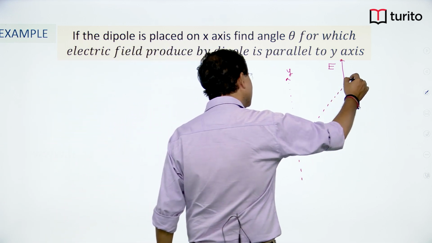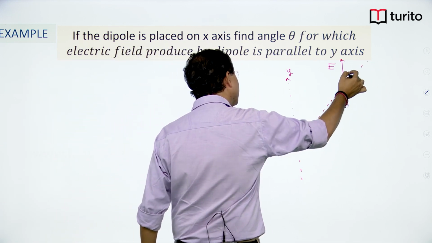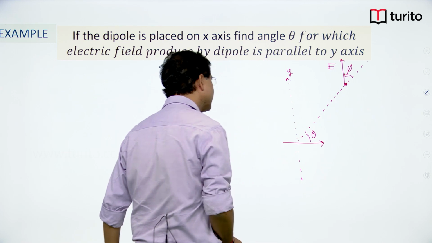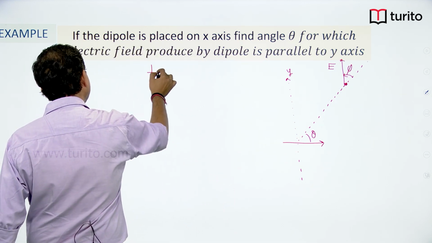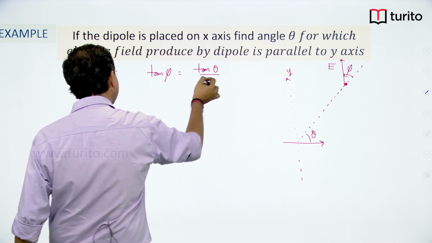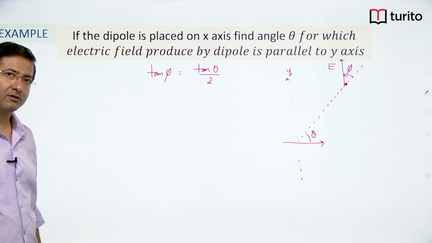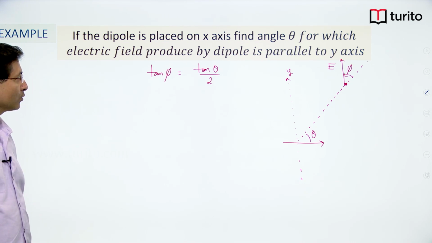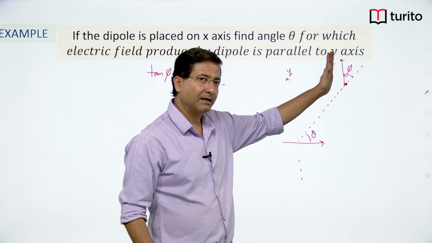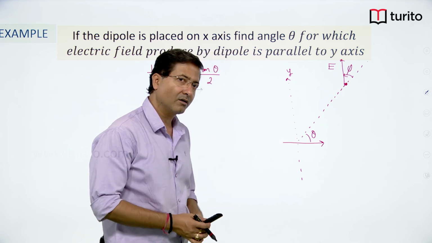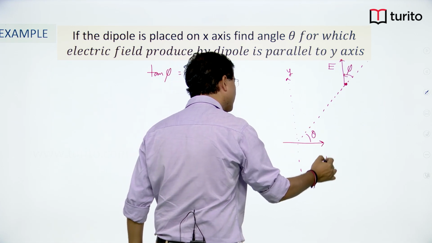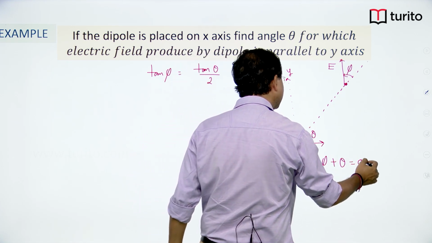We know that the angle made by the field with the line joining, phi, is given by tan phi is equal to tan theta by 2, right. Tan phi is equal to tan theta by 2, and you know that if this is along the x-axis and this is along the y-axis, then phi will be 90 minus theta. Or I can say if this is along the y-axis and this is along the x-axis, this total angle phi plus theta has to be 90 degrees.